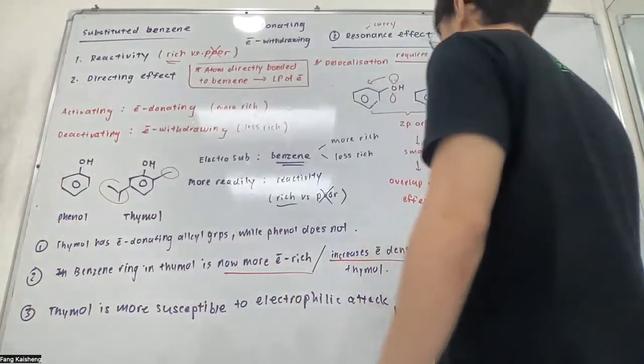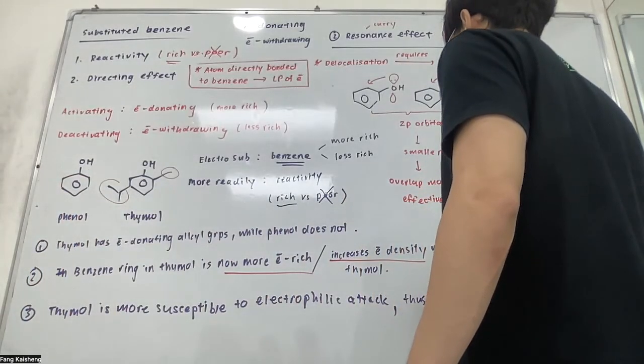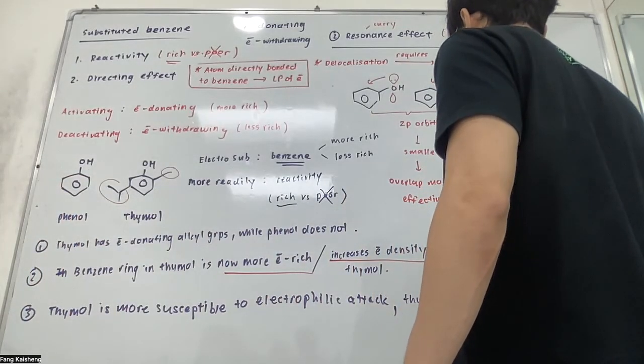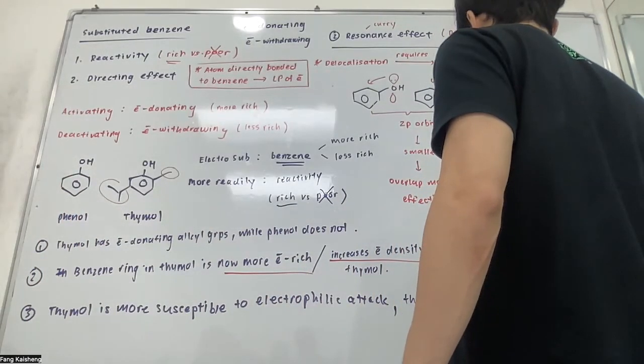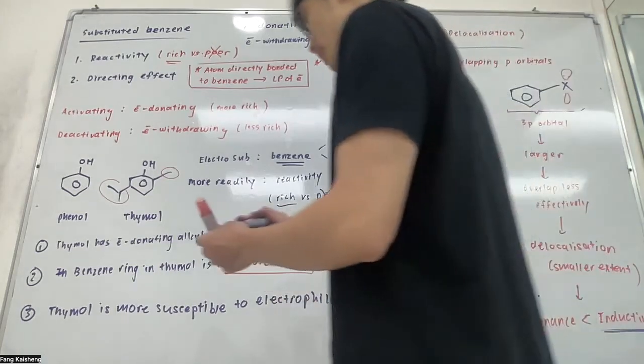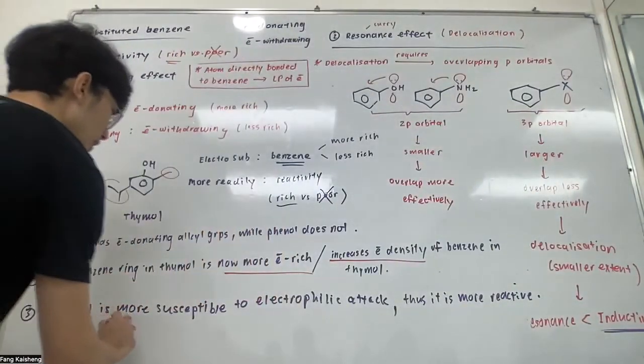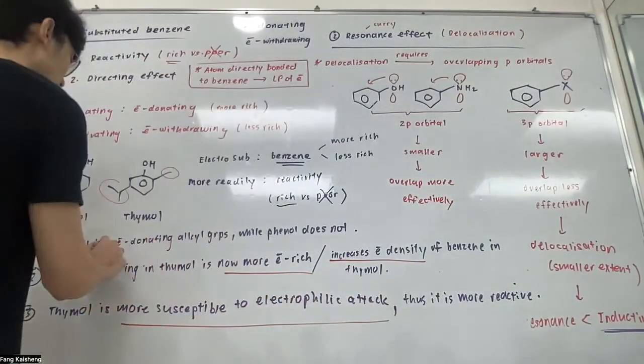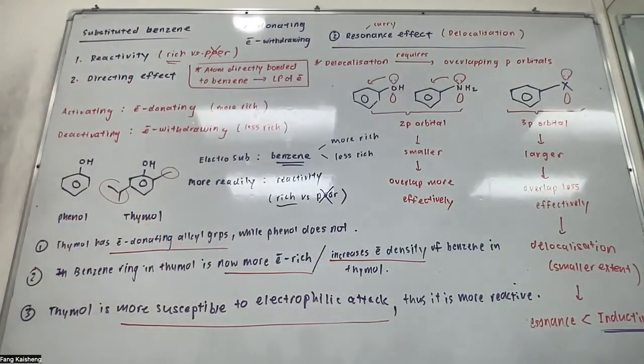And this just means it's more reactive. Highlight this entire phrase here. Again, for all these explanation questions I need you to highlight the keywords. It's just more susceptible. You just need to use this phrase here.